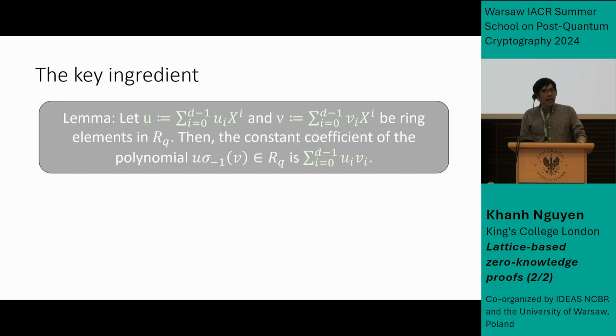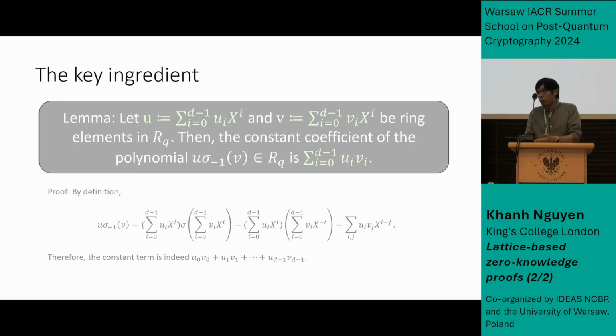If I have two ring elements, U and V, with coefficients u_i and v_i, then if I look at this weird product, U times sigma(V), the constant coefficient of that is exactly the inner product that I'm interested in. So this lemma says that I can transform proving inner products to proving statements about constant terms over the ring. That's one more step towards our goal.